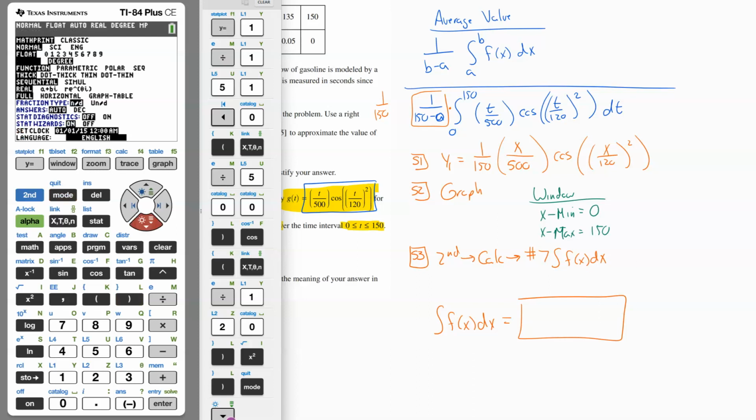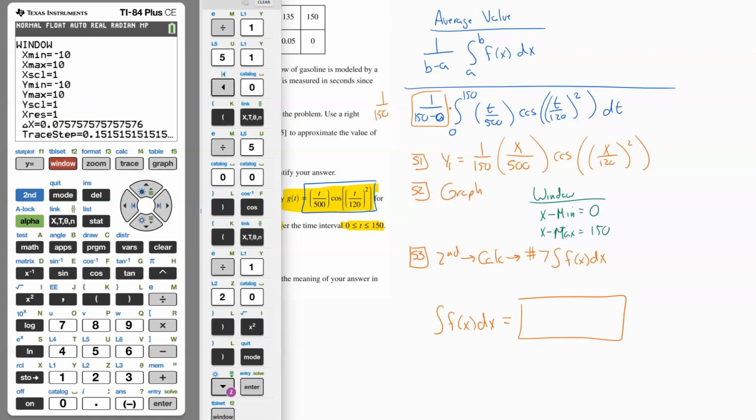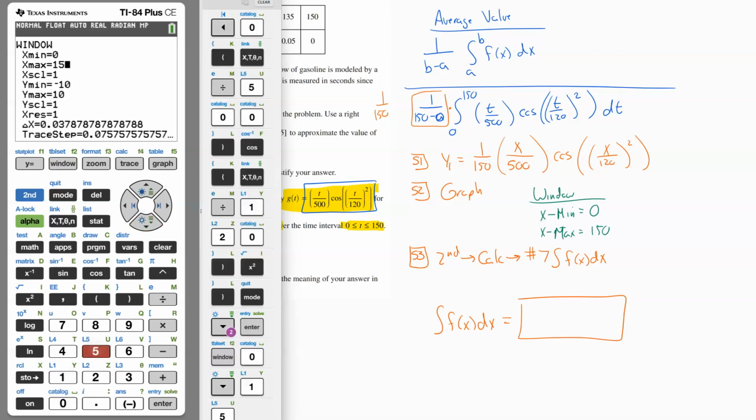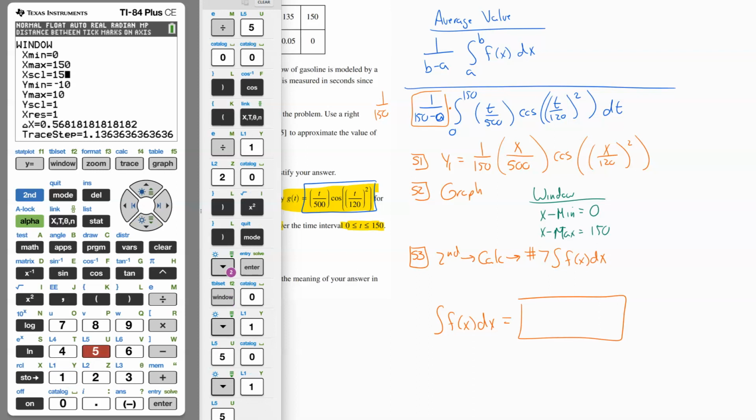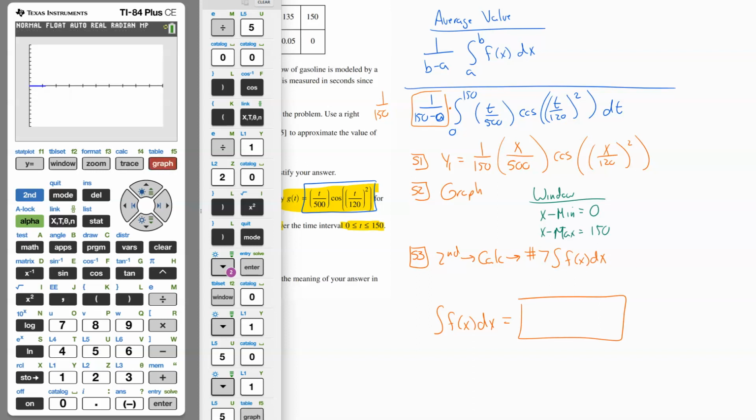I hit mode and randomly my calculator is in degree mode. Who knows what I was doing. Then from there, before we hit graph, we'll go ahead and hit the window button. We'll go to the x-min value. That'll be our lower bound of 0. Our x-max will be our upper bound of 150. I always adjust the scale, that's where the tick marks are on your axes. And then I would go ahead and hit the graph button.